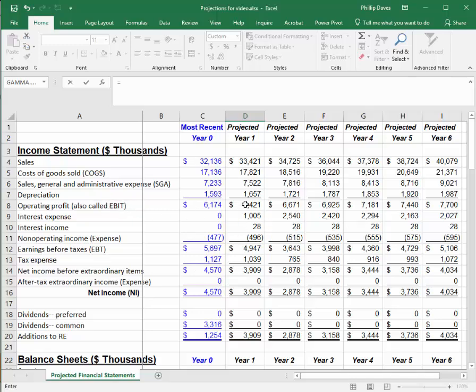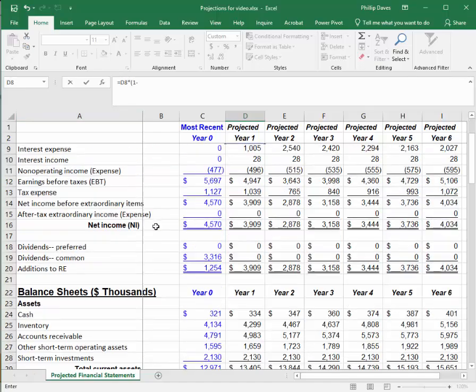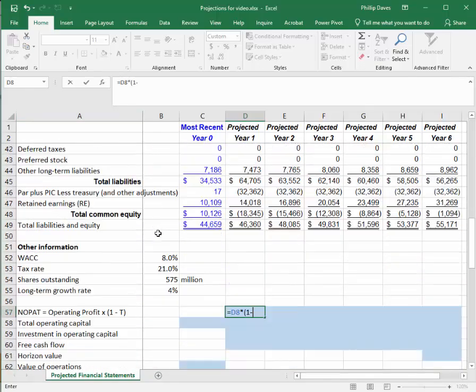So we start off with operating profit, or EBIT, and we multiply it by, look up here, 1 minus the tax rate. And in our case, the tax rate, for simplicity, we're going to assume that it's constant, and that's not too bad an assumption. So the EBIT times 1 minus the tax rate. And that's what we're going to have in every year. We'll do copying this out for 6 years in just a second.